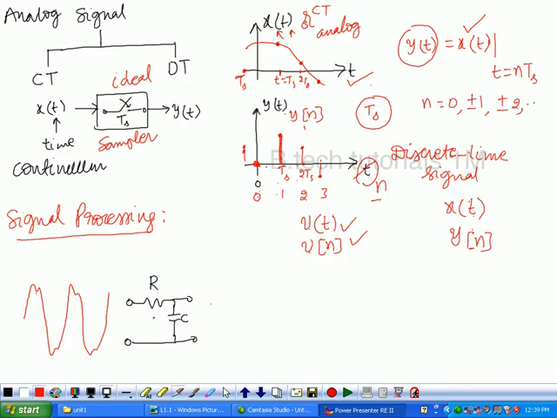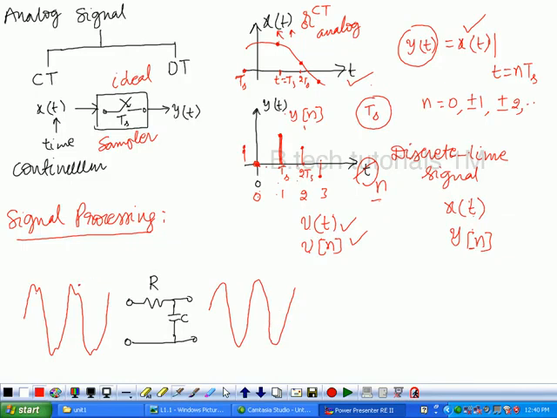That is, if you design the filter in such a way that the cutoff frequency of the filter is the same as the frequency of the sinusoid, definitely it will transmit only those frequencies and the high frequency components will be eliminated, and you may get the sinusoid, that is, noise is filtered out.